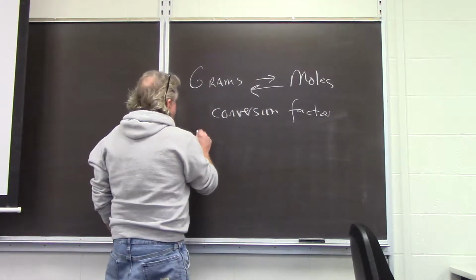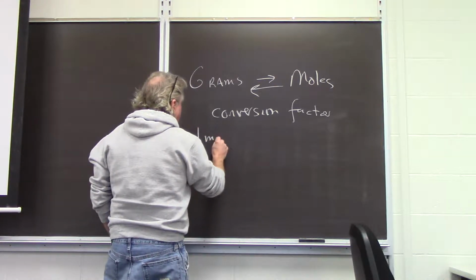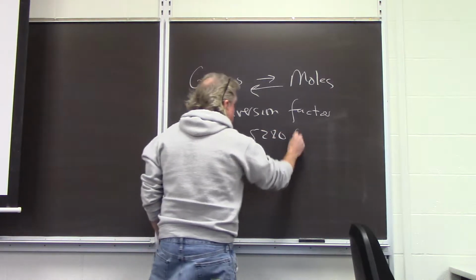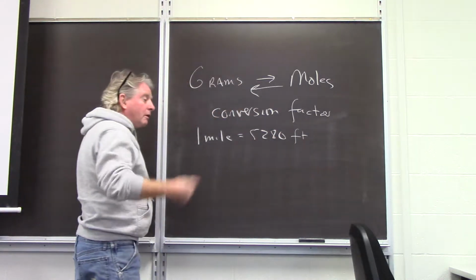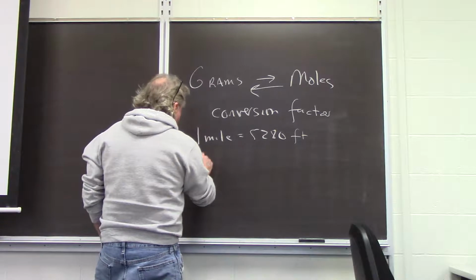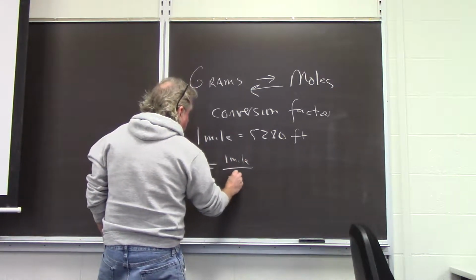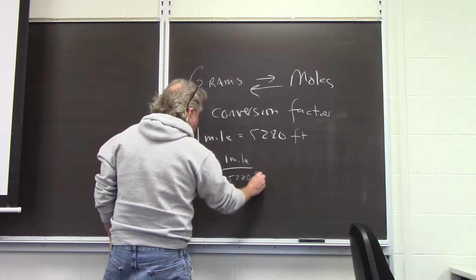So 1 mile is equivalent to 5,280 feet. So we can set that to a 1:1 ratio. So 1 equals 1 mile over 5,280 feet.